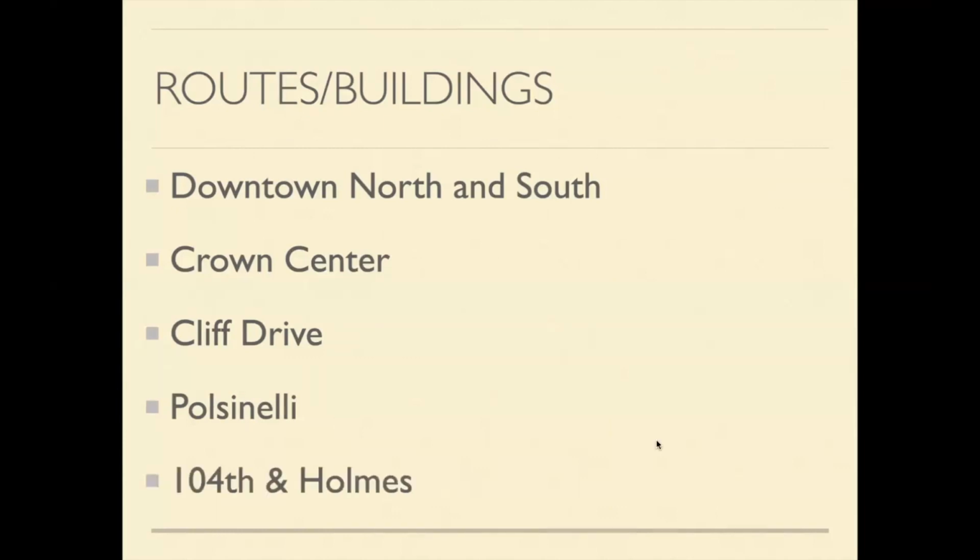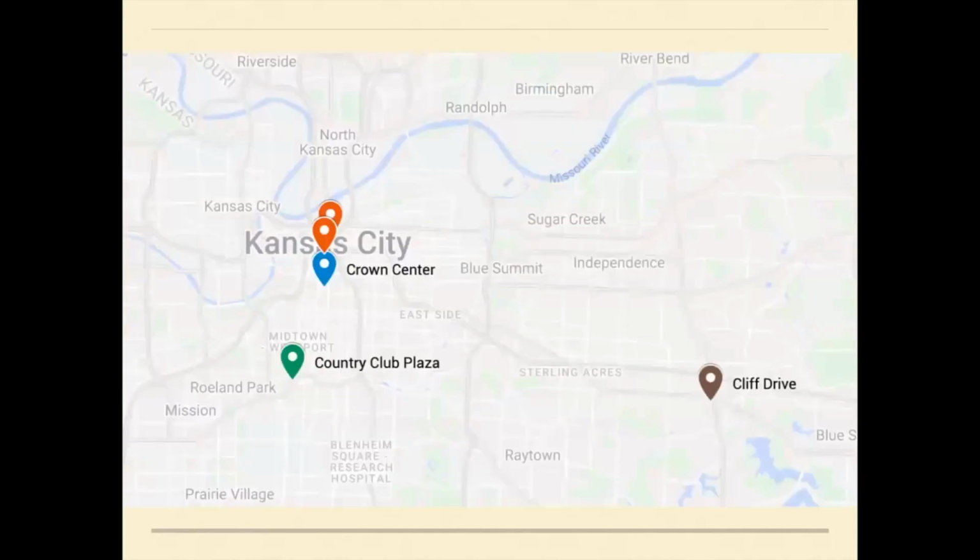And right now we're only at one building that's at 104th and Holmes, but there's a suite of buildings down there that we gain and lose permission to survey at, depending on who the property management company is at any given time. So right now we have one, we've had as many as five, that just sort of fluctuates.